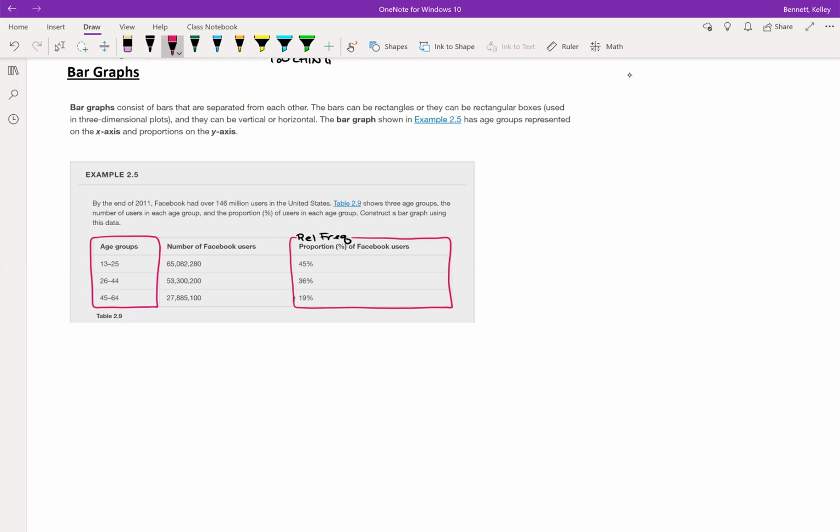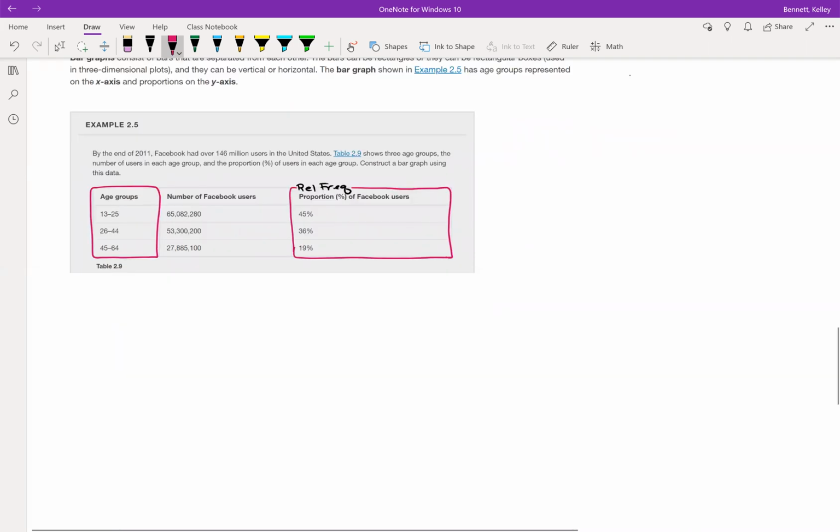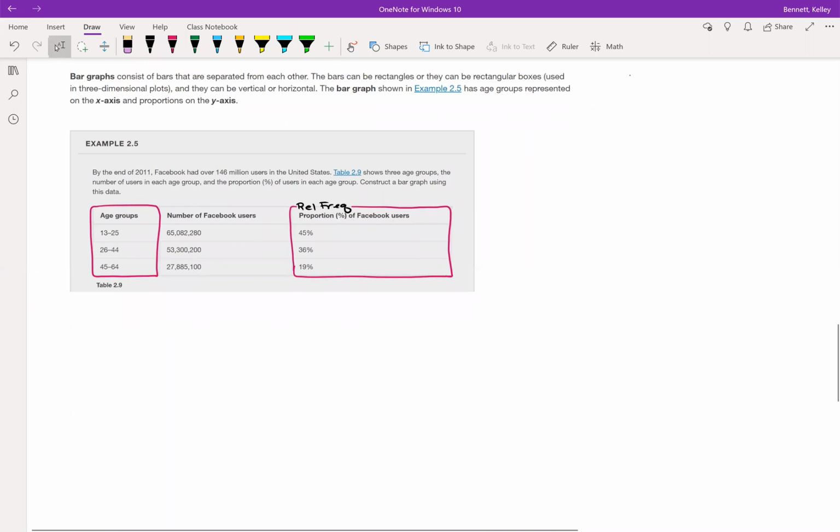We could have done it with the number of Facebook users as well, but I'm just picking one for the sake of the example.